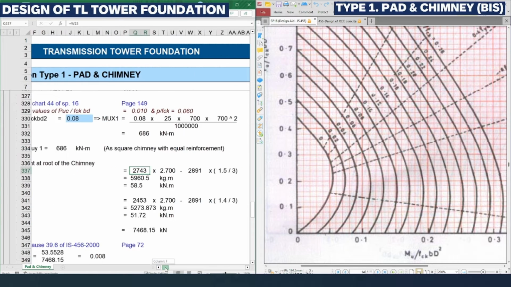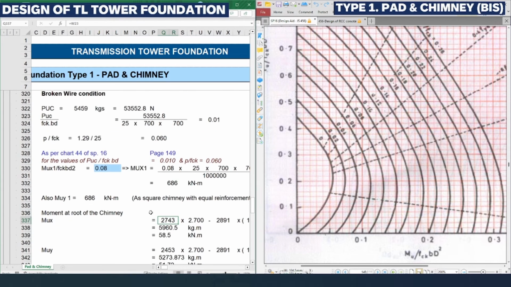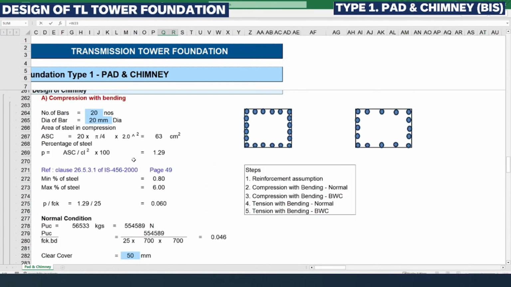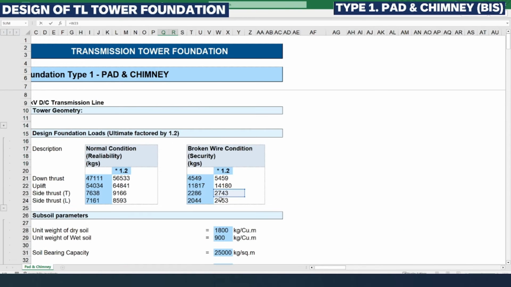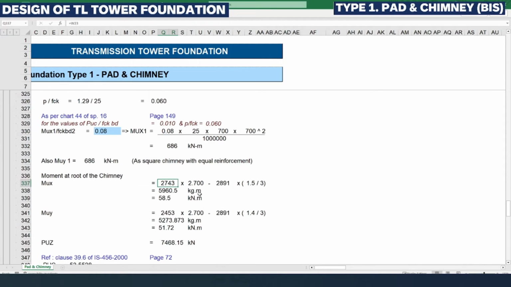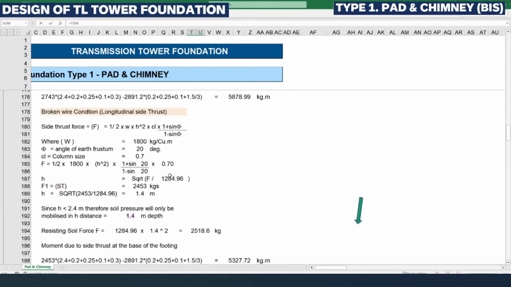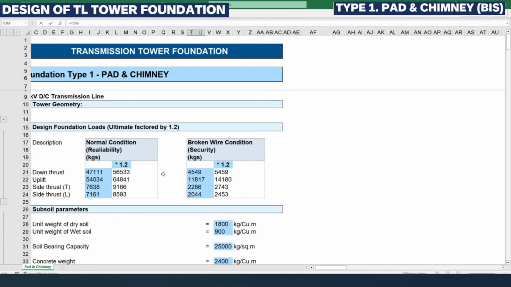So the same philosophy we are going to calculate here, but the thing is the broken wire condition lateral forces we need to consider in order to calculate the actual design moment. So we know that transverse side thrust is 2743 for broken wire condition, and that multiplied by the total depth as we had calculated for normal condition. The same procedure we need to follow, only the forces is going to change.